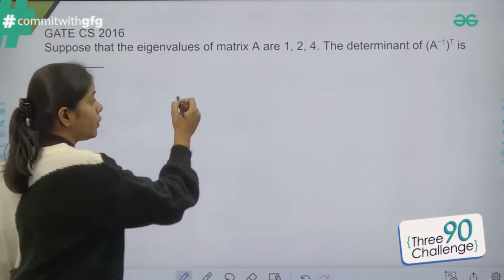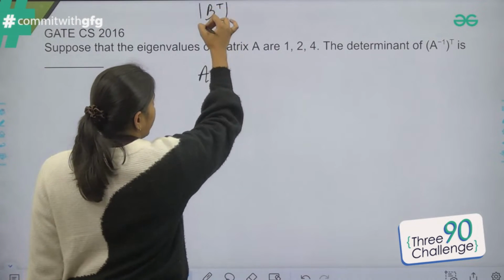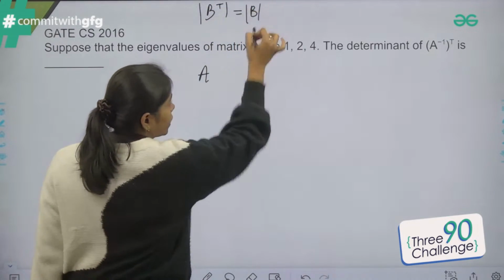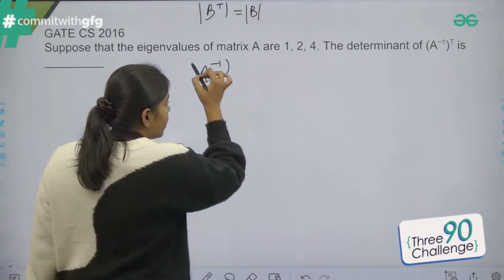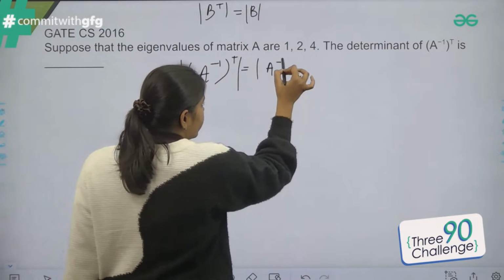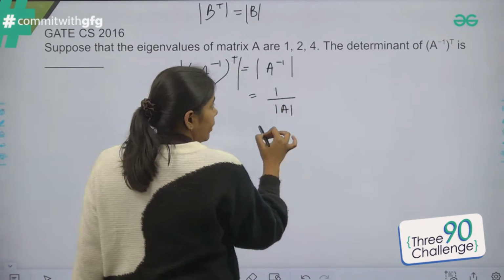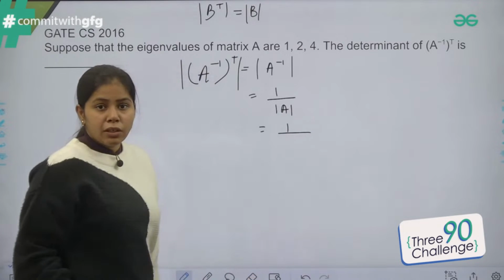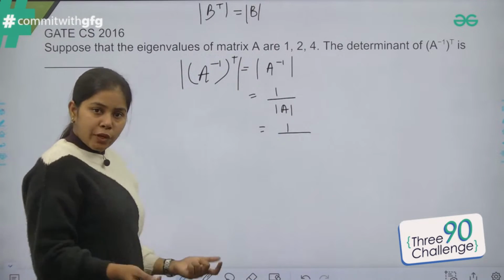If you know that the determinant of B transpose is equal to the determinant of B, then can I write that the determinant of A inverse transpose is equal to the determinant of A inverse? And I know that the determinant of A inverse would be 1 by determinant of A. What would be the determinant of A? Because the eigenvalues are given, the determinant of A is the product of eigenvalues.